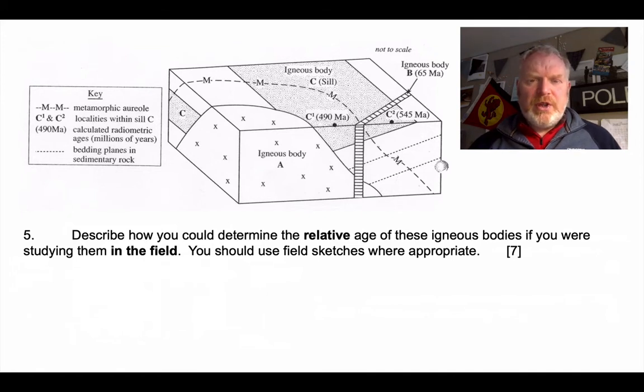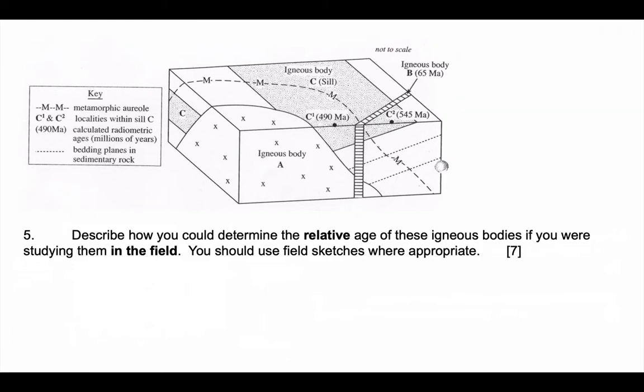What would you actually be looking for in the rocks to work out the relative age of each of these bodies? You can't work out the radiometric age in the field, but you can work out relative ages. How would you do it? Use some sketches to illustrate your answer. Okay, now's the time. Press pause and have a go at those questions now.